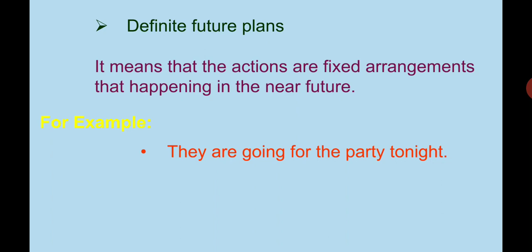It shows that the action is happening in the near future, not at the time of speaking. In this type of possibility, we understand and identify that the tense of the sentence is present continuous tense.